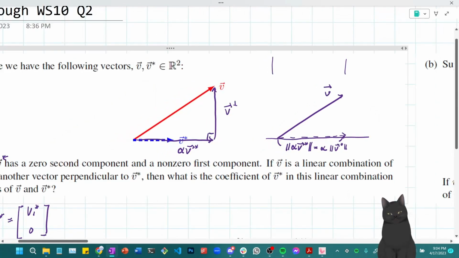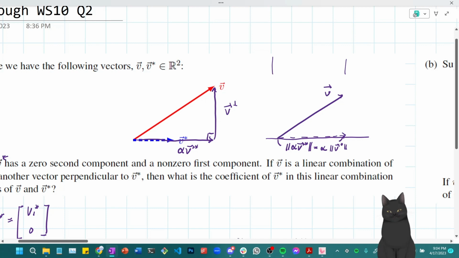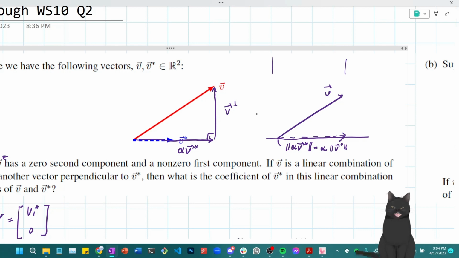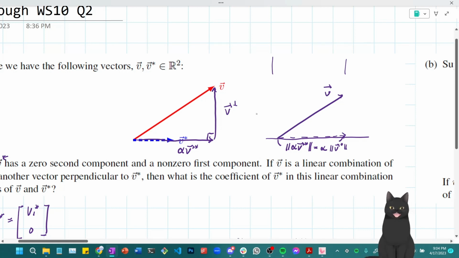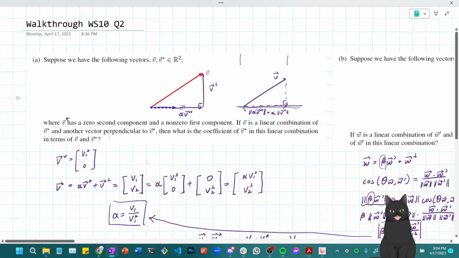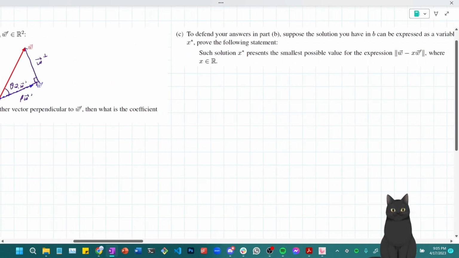So in this case, we can indeed see what the magnitude of the component of V that lies along this horizontal axis is. Or in other words, what is the length of the shadow once there's a light striking V such that its shadow is completely reflected onto the ground we see here on the horizontal axis. So this kind of problem, which is usually solved geometrically as we have done, is called a projection.